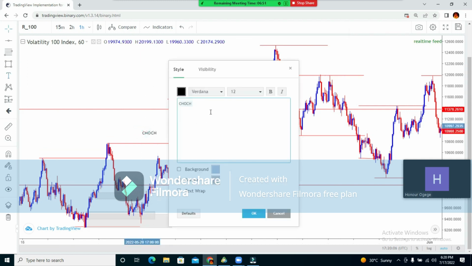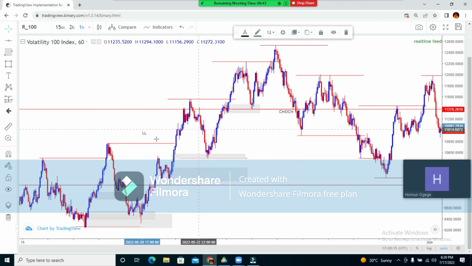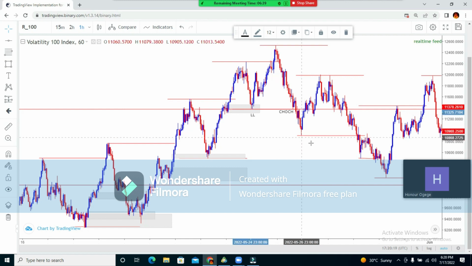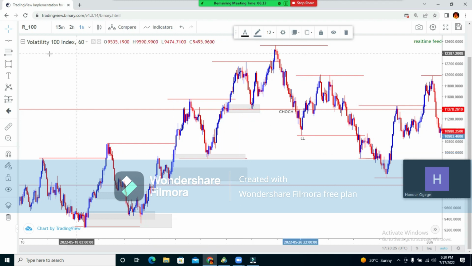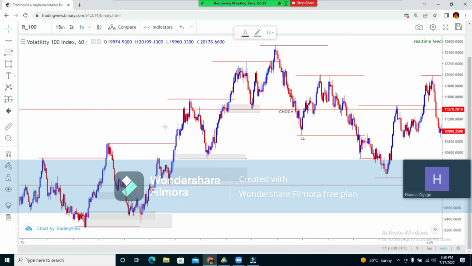That means lower low. That lower low was taken out. This lower low now started. Okay, formed lower low. And come here.